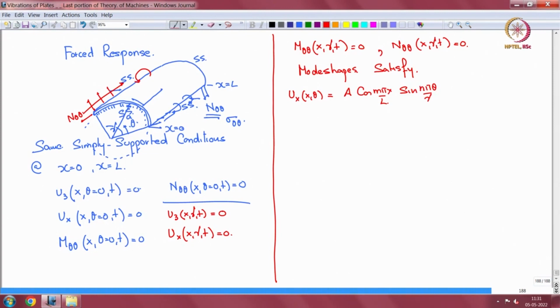Then u theta at x comma theta is b sin m pi x by L cos n pi theta by gamma.